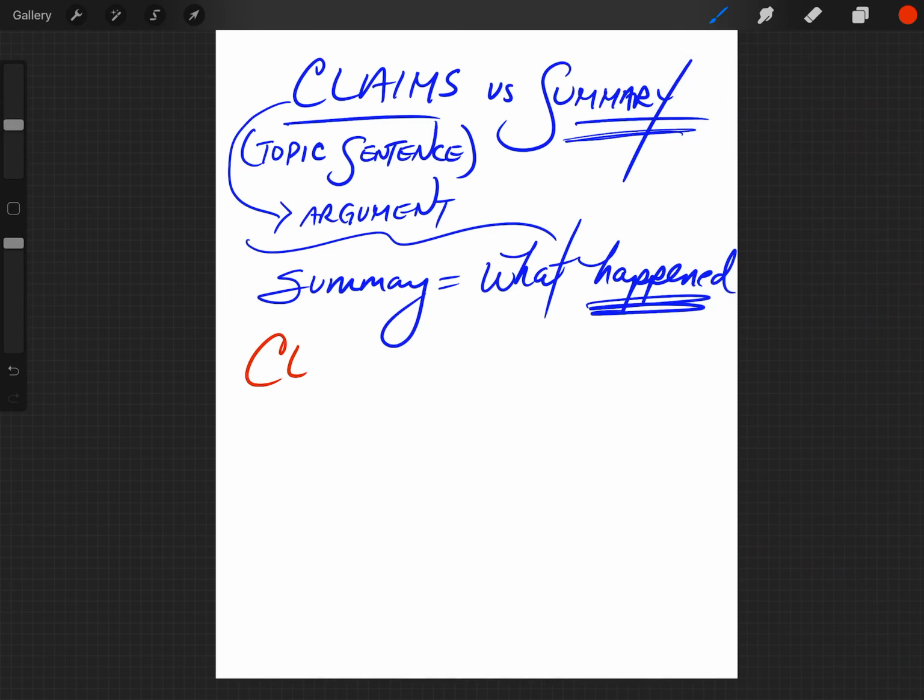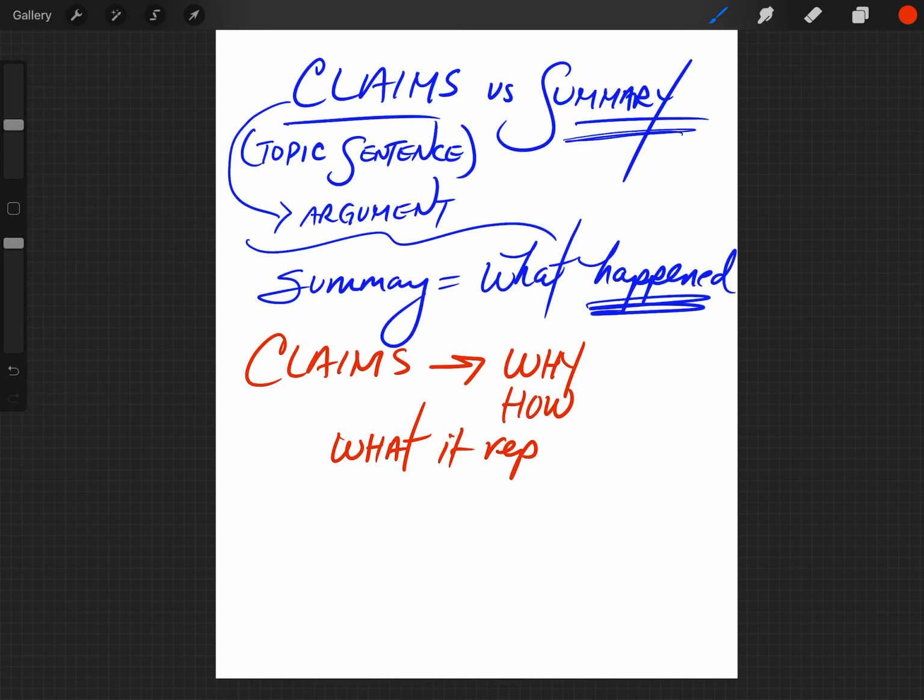But when it comes to a claim, claims tell us why something happened, or how it happened, or better yet, what it represents. So what does the thing that happened represent in the story?